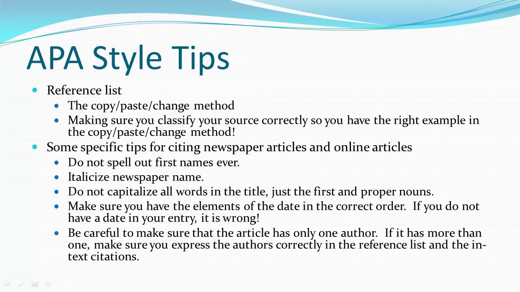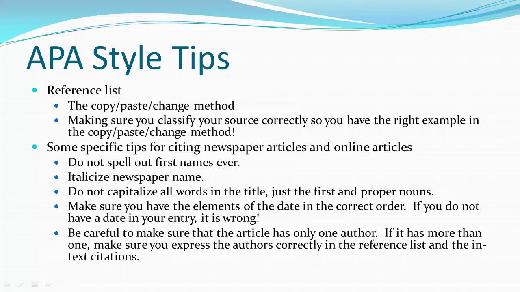And also, regardless of your source, you want to make sure you have all the elements of the date in the correct order. The reason this is a problem in newspapers especially is because you do it out to the day. It's not just the year. So really pay attention to that. And when you are writing in-text citations, usually when you're citing newspaper articles and online articles like blogs, there's only one author, and therefore you really only have one author's name in the in-text citation.